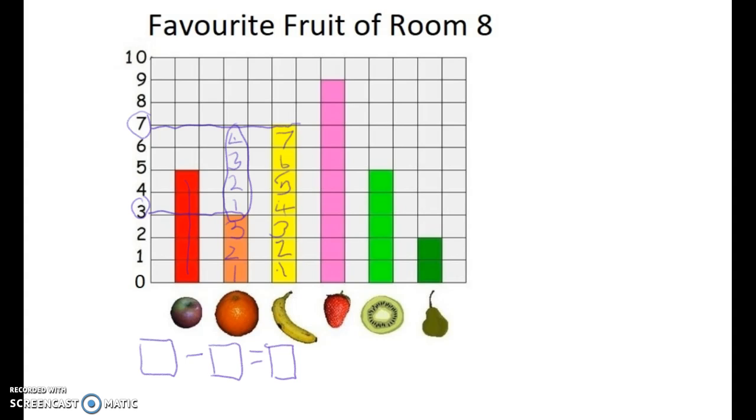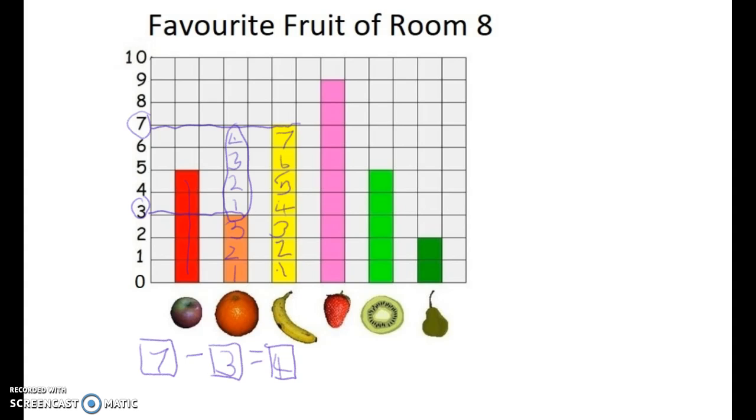If you said 7, because that's the total number of people who like bananas, take away 3 leaves 4 people, you would be right. The difference between the number of people who like bananas as their favourite fruit and the number of people who chose oranges is 4.